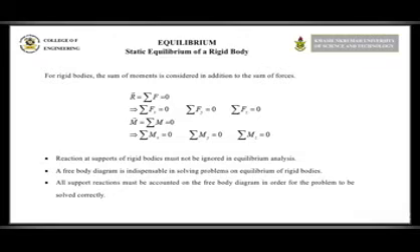All support reactions must be accounted for on the free body diagram in order for the problem to be solved correctly. So you go about the free body diagram, derive all the necessary equations, and finally you solve the problem correctly.